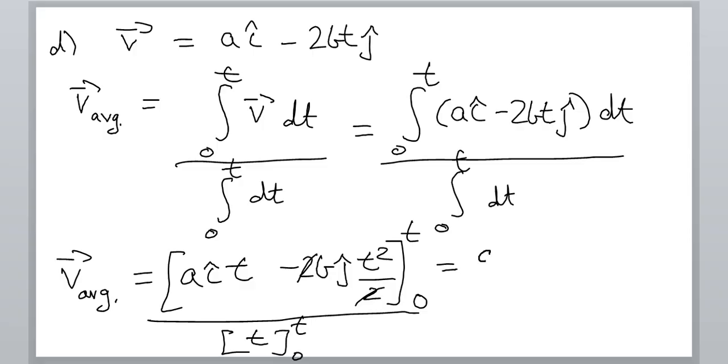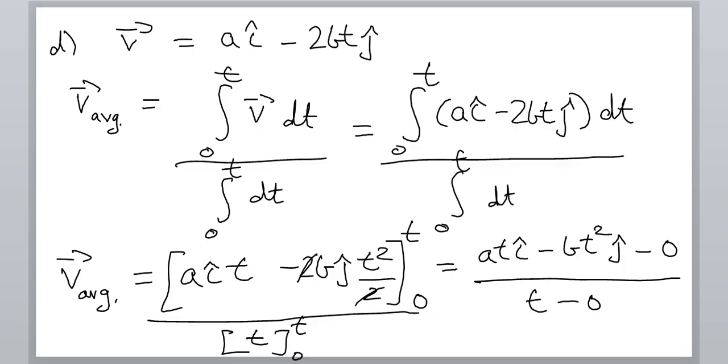Apply the upper limit, we get a t i cap minus b t squared j cap. This is the upper limit, and the lower limit is simply 0, so both the terms will just become 0, so we don't really need to write them. This whole divided by upper limit t, lower limit 0.